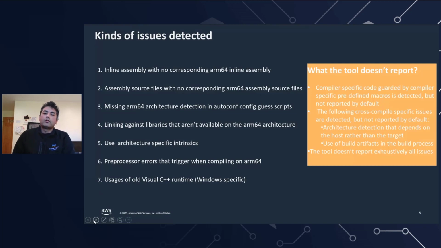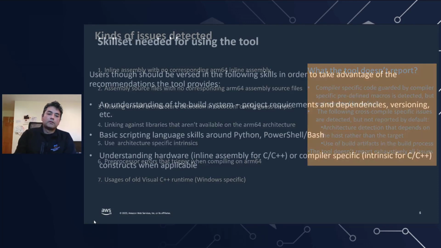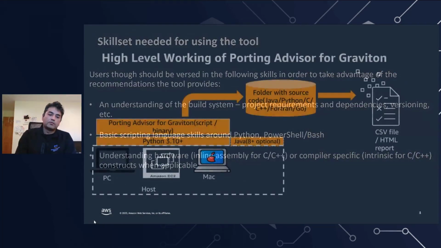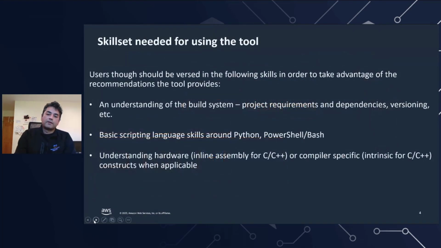Now, the tool will not report anytime you're using compiler-specific code guarded by compiler-specific predefined macros. That's not reported. And anything that is specific to the host, not the target. So we talked about the host here, where you're going to be running the tool. The target in this case is Graviton.